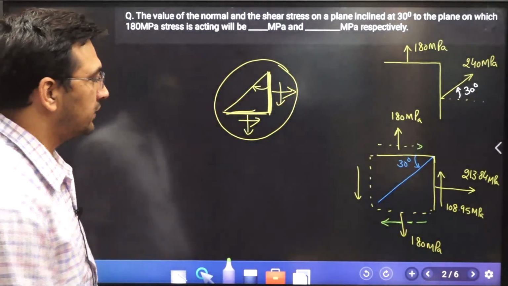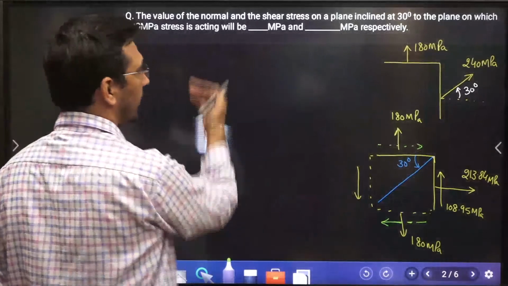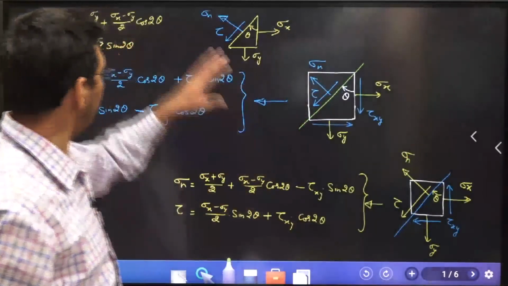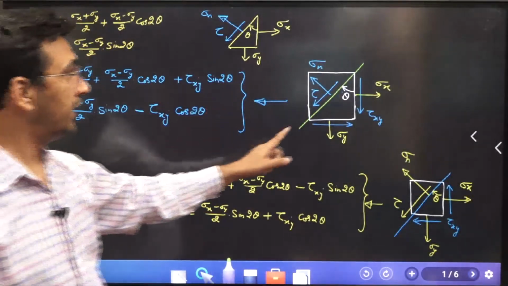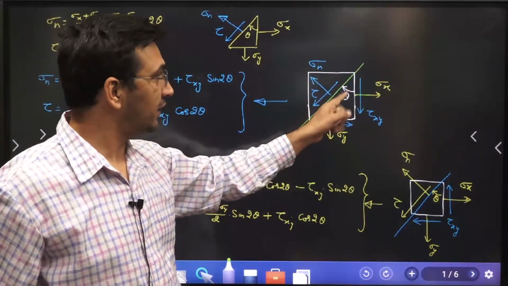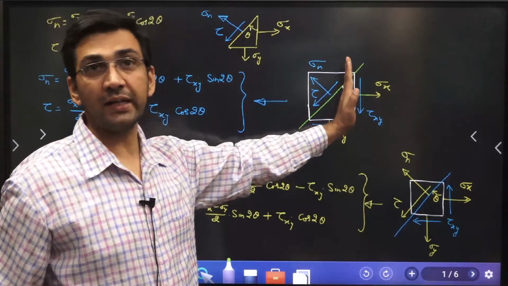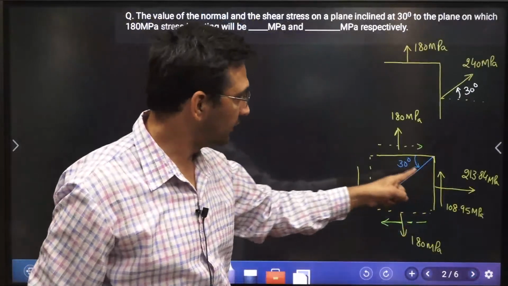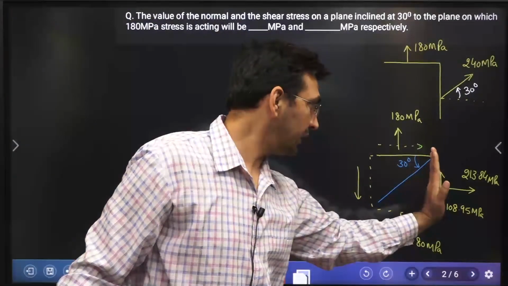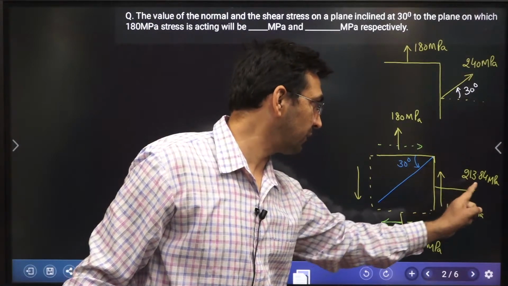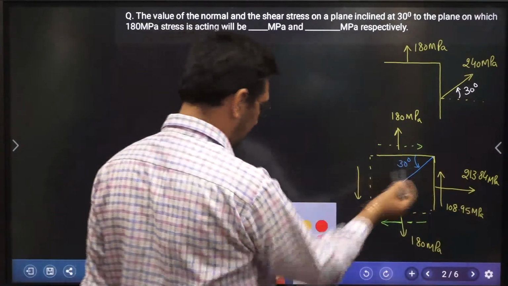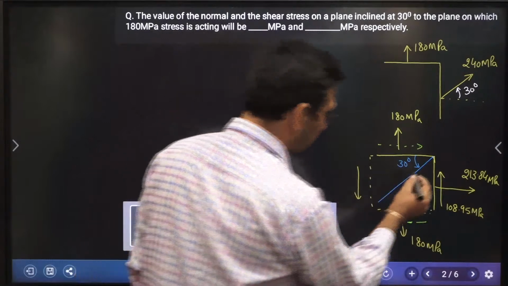Now I need the angle theta, because in all those equations that you have written, you have taken the angle theta from the plane on which sigma x is acting. Sigma x is 213. So I need this angle. If this is 30 degrees, then you can very clearly tell that this angle is 60 degrees.